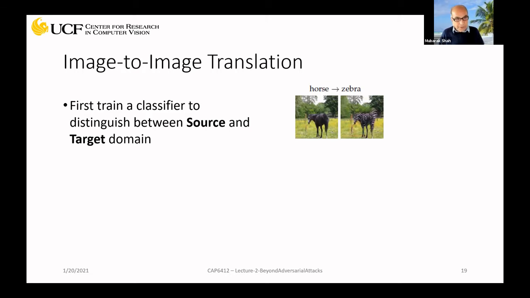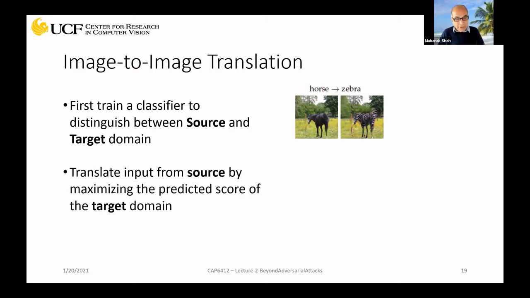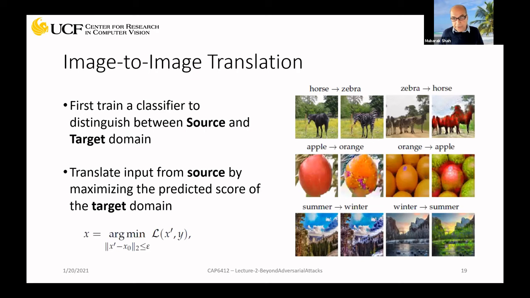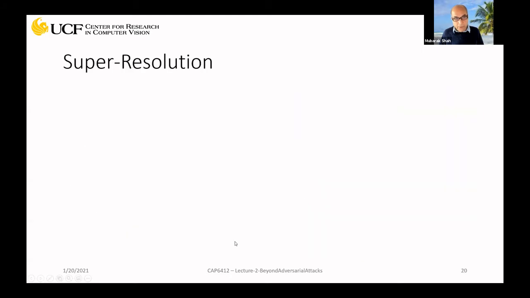Then we want to translate input from source by maximizing the predicted score of the target domain. So the same idea here, where Y will be our target domain, here zebra. If you do that, then we can generate these images. We can take zebra to horse, apple to orange, and winter to summer, and so on.